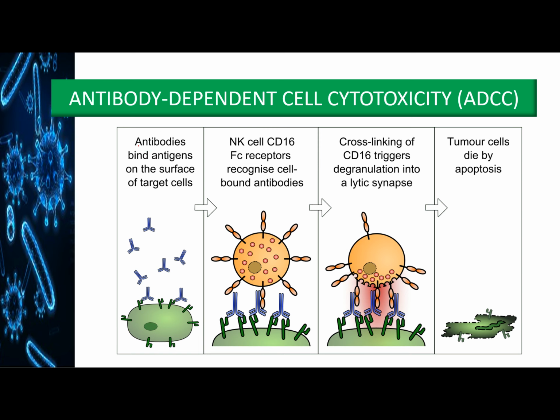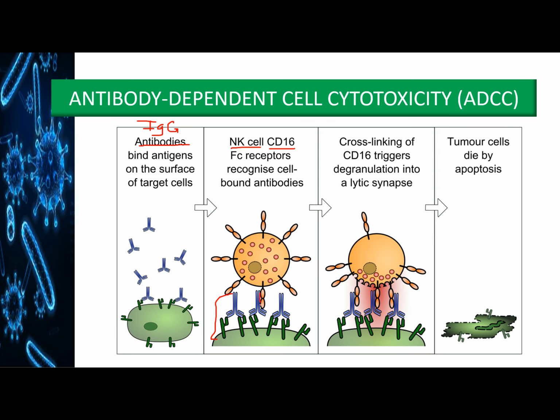So, the first one is that antibodies, specifically class yung IgG, would bind to antigens on the cell surface. Now, kapag nakapag-bind na sila class, ganito na yung itsura nila. You have your antibody-antigen binding. Dadating ngayon si NK cell. NK cell would now attach to the CD16 FC receptor.